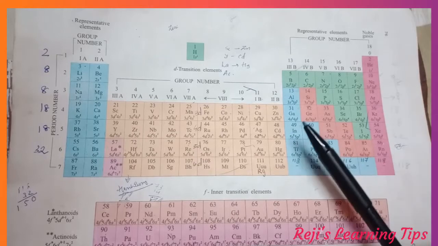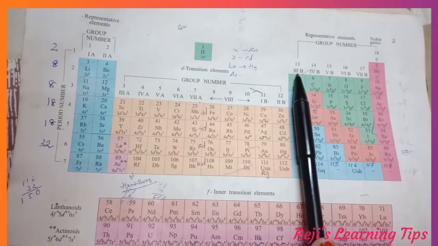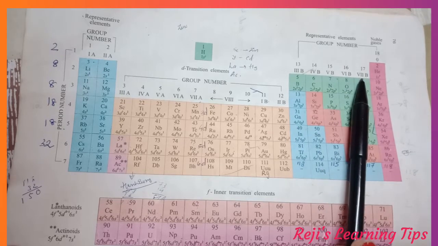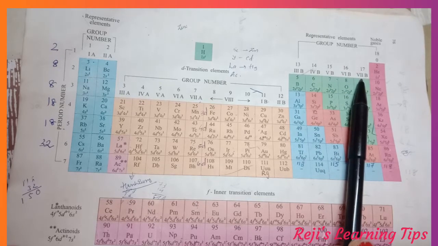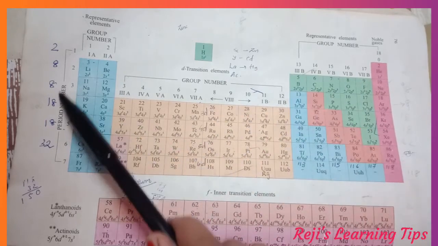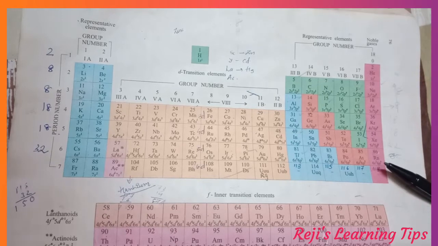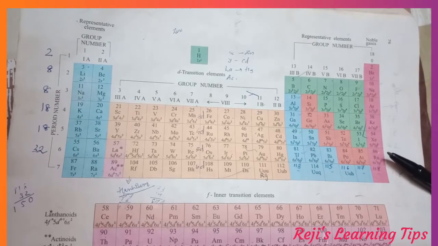Then groups 13, 14, 15, 16, 17. This is noble gas. So noble gas also belongs to P block elements.